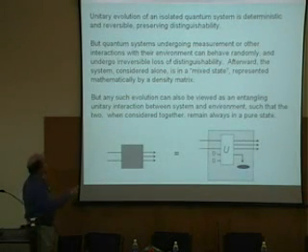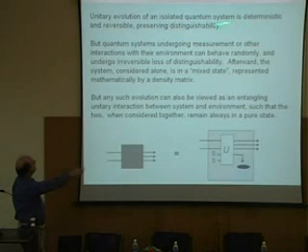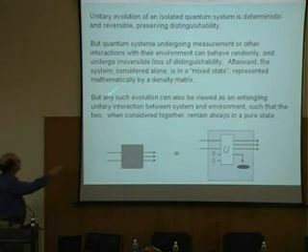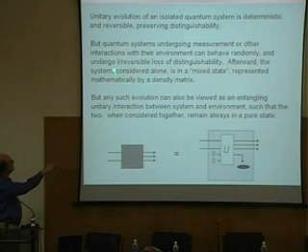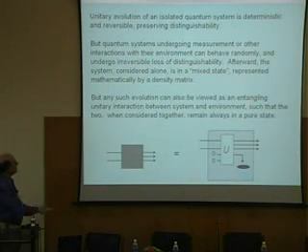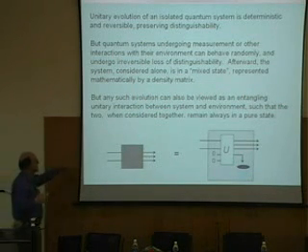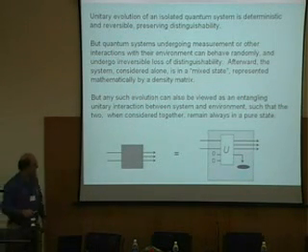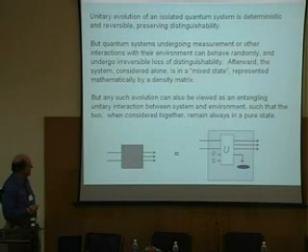Now, I said before that the evolution of an isolated quantum system is deterministic. Of course, there are systems that interact with their environment or undergo measurements, and then this is not a distinguishability preserving process. But we can always view it as embedded in a larger system that is undergoing a distinguishability preserving process.